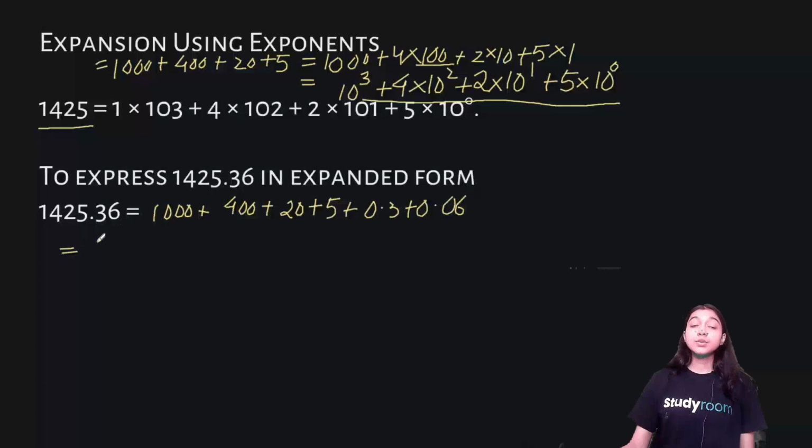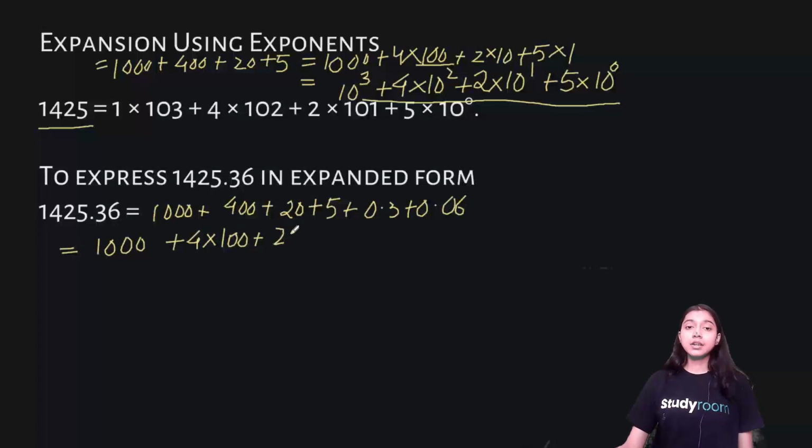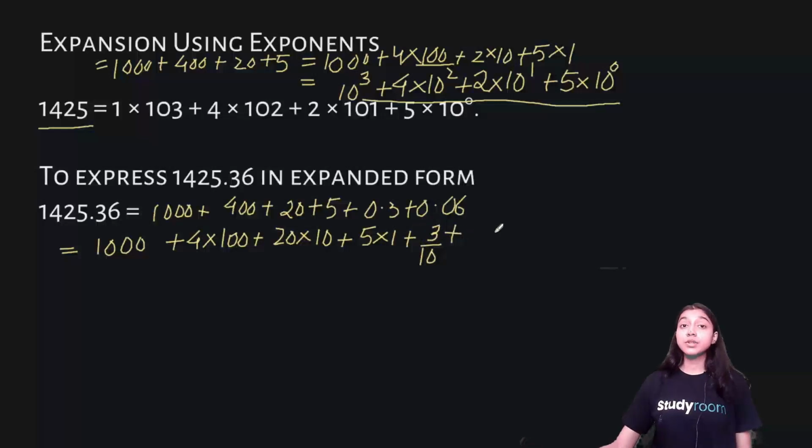Now 400 can be written as 4 multiplied with 100. 20 can be written as 2 multiplied with 10. 5 can be written as 5 multiplied with 1. And 0.3 can be written as 3 by 10. We remove this decimal point, so we have to give 10 in the denominator. Similarly, 0.06 can be written as 6 by 100, because we are removing the decimal point by 2 places, so we have to divide by 100.